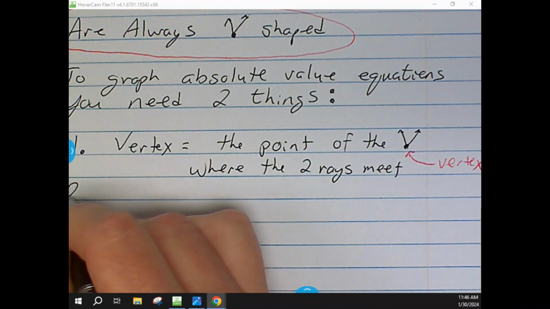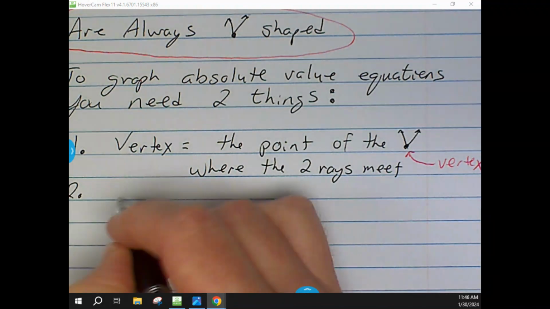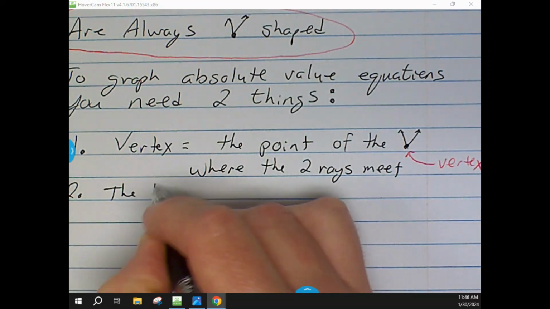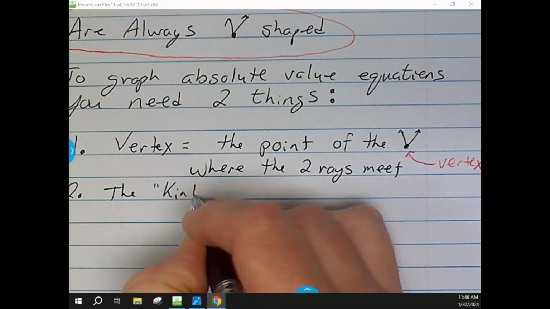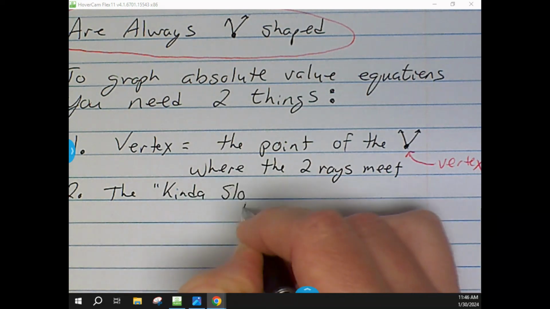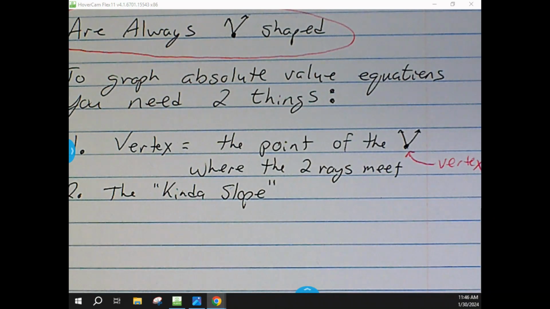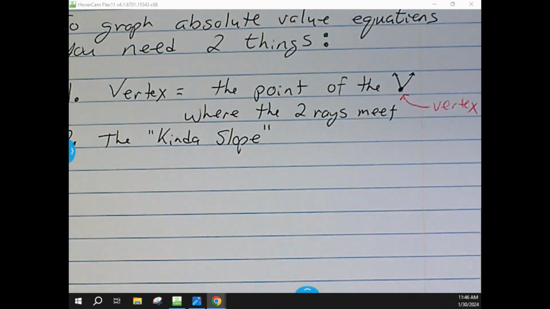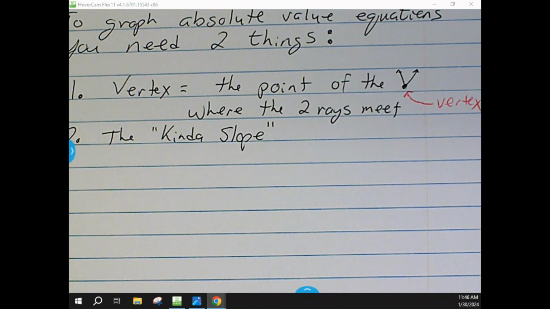All right, second thing you have to have, and this is not anything that you'll find in a book anywhere because of the way I'm going to say it here. It's the kind of slope, because it's not slope, but it's a lot like slope the way this thing is set up.